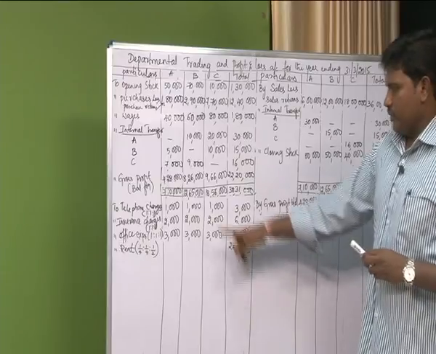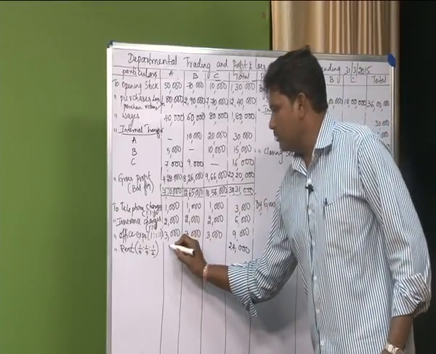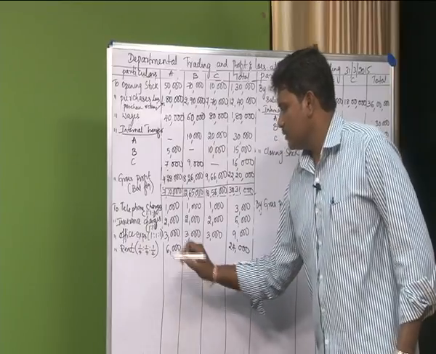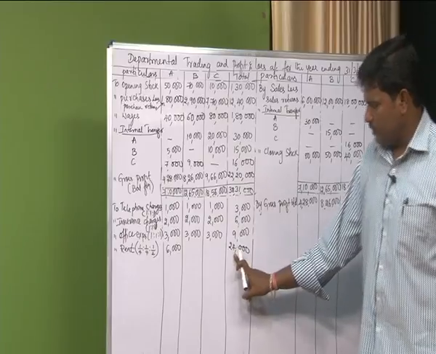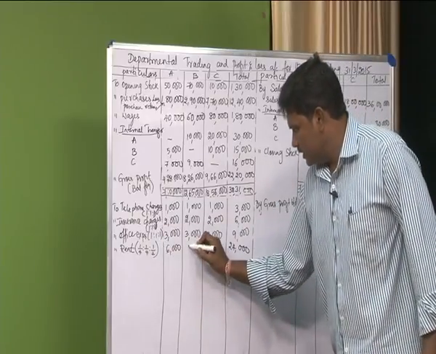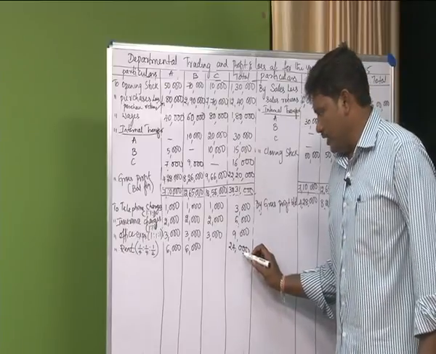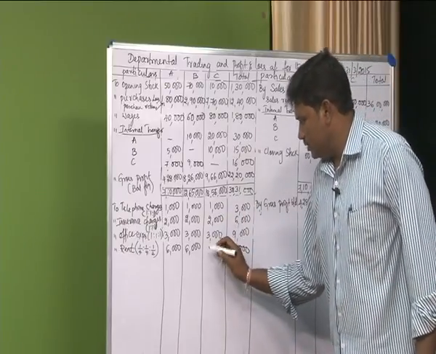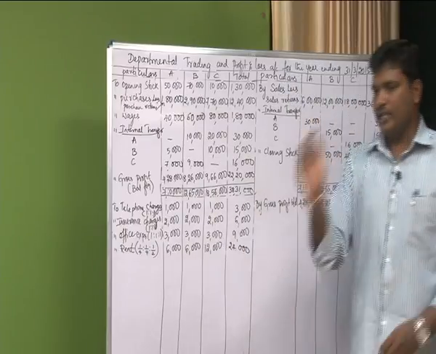So 24,000 into 1/4 comes to 6,000. In the same way, 24,000 again into 1/4 is 6,000. 24,000 into 1/2 comes to 12,000. So this is what we saw in the adjustment.